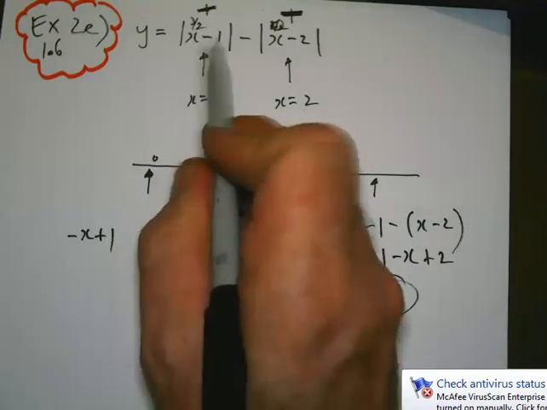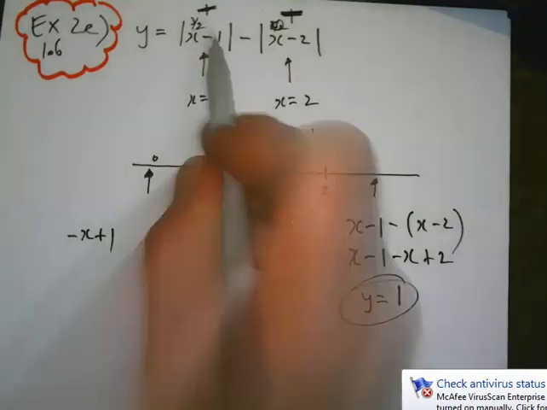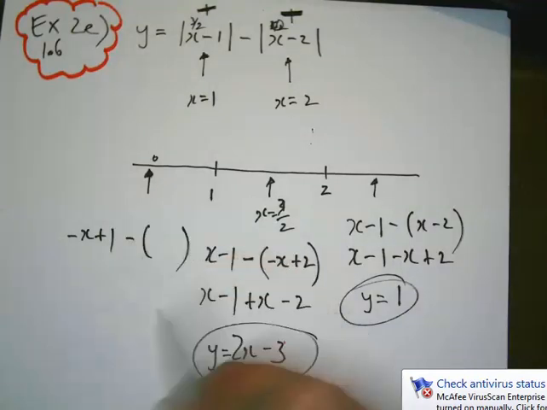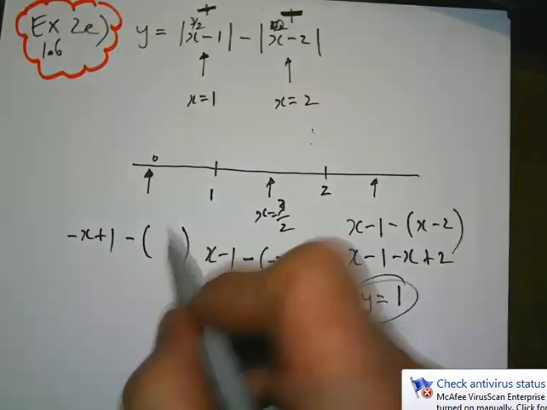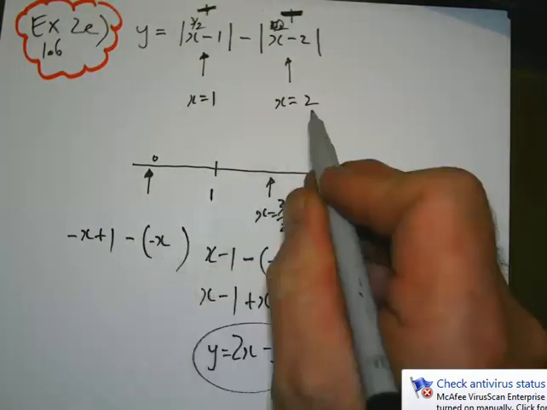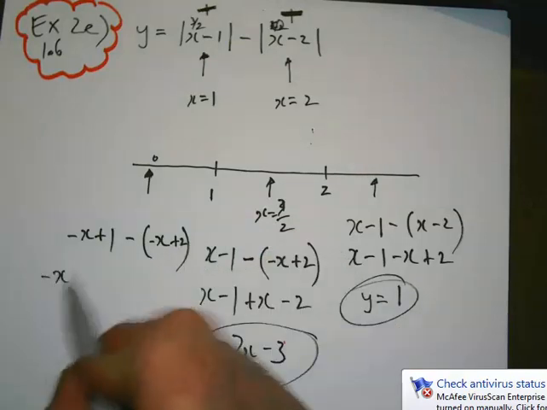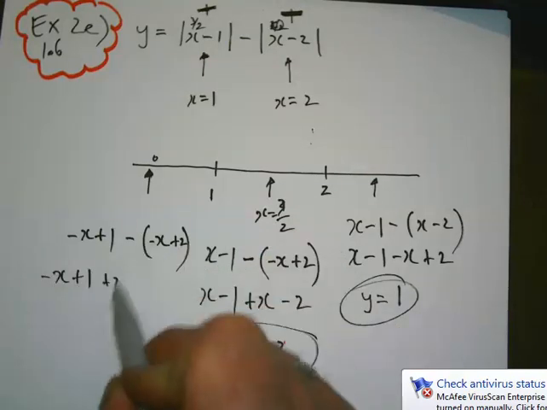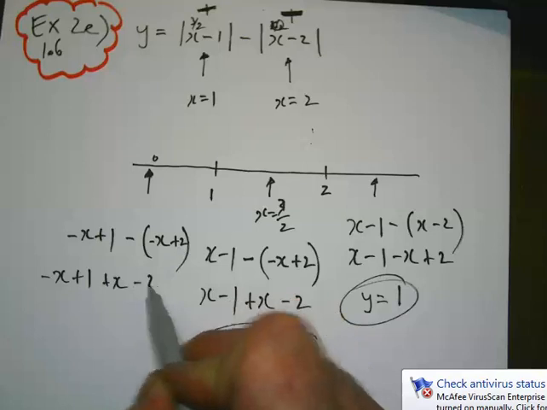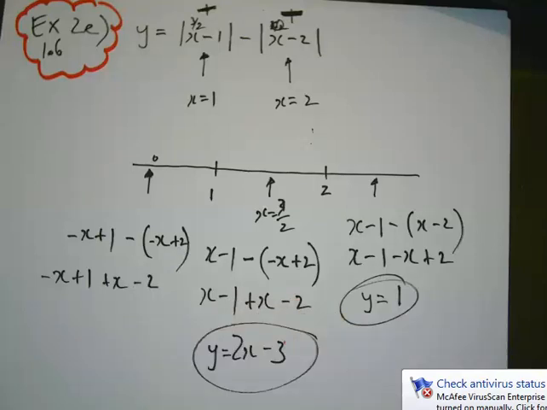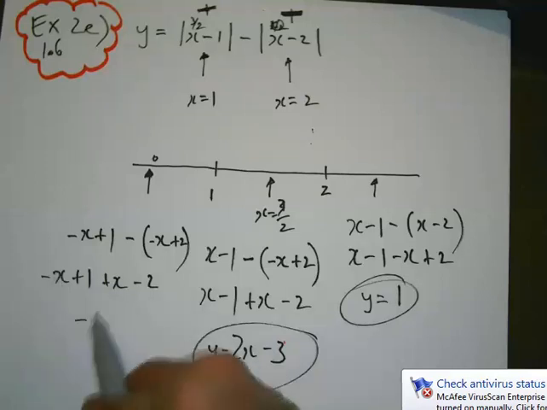That's x minus 1 being multiplied by negative 1. Minus, and this gets multiplied by negative 1, minus x plus 2. And then minus x plus 1 plus x minus 2. And that's going to equal, the x's cancel, negative 1.